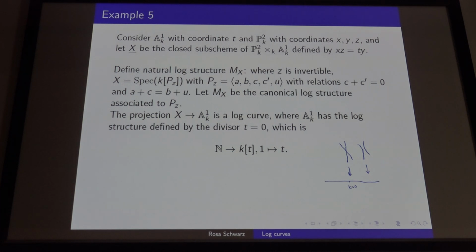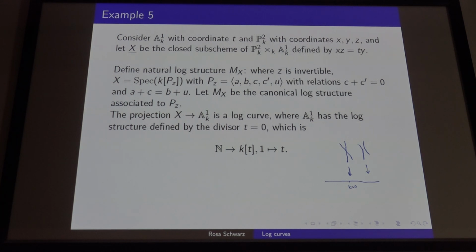And then we have made a log curve over the affine line, where we give the affine line the log structure defined by a divisor t is 0, which is basically just mapping N to k[t] by mapping 1 to t. And this is an example of a log curve where you can see that above t is 0, it becomes nodal. So nodes can occur.